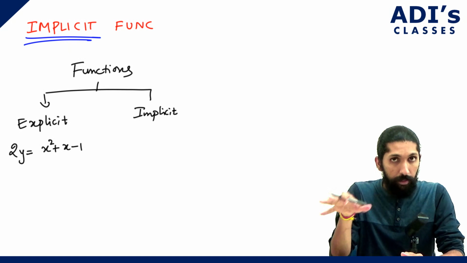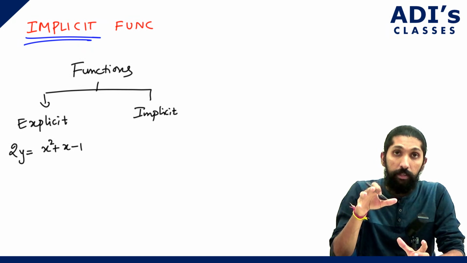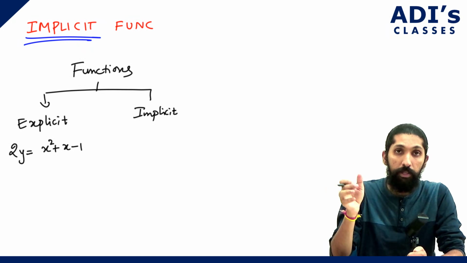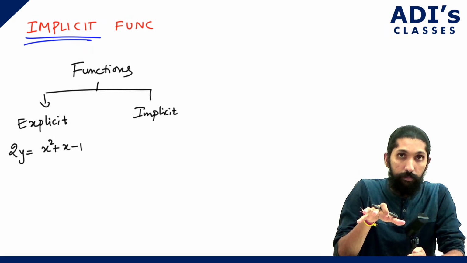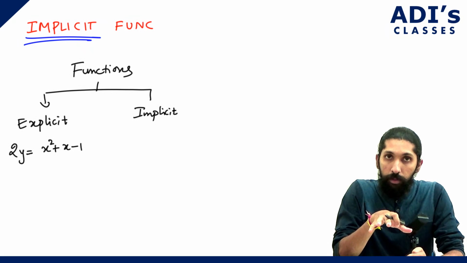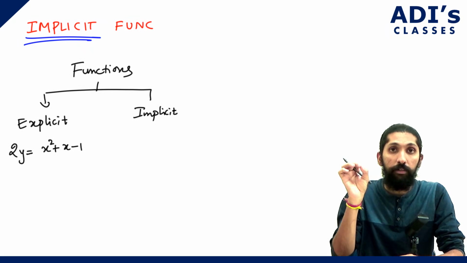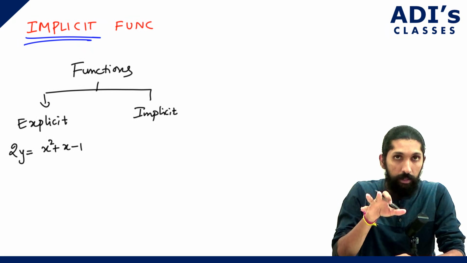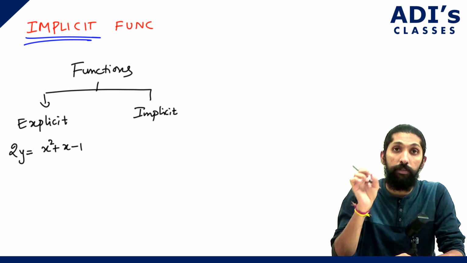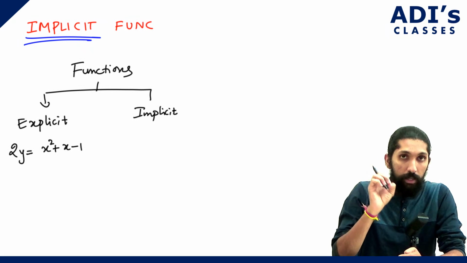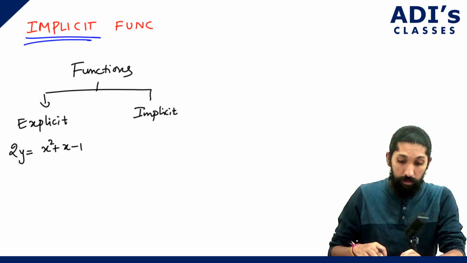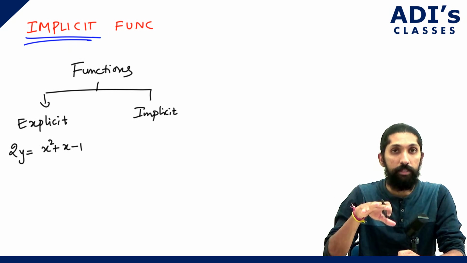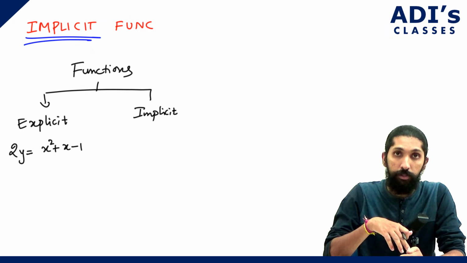Here, x and y are related to one another, but they are not together. That means x and y are not part of the same function. Correct? These are what we call as explicit functions. They are related, but they are not part of the same function. Whereas when we talk about implicit functions, implicit meaning both x and y will be a part of the same function.